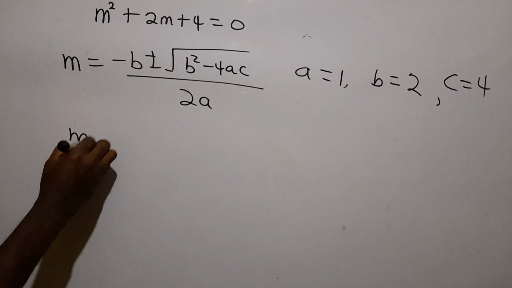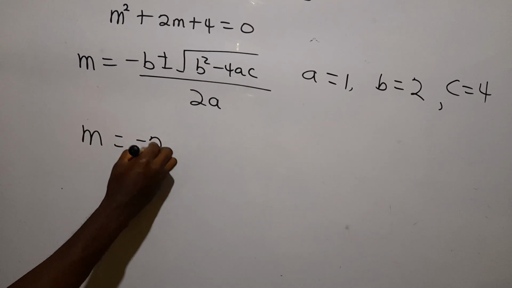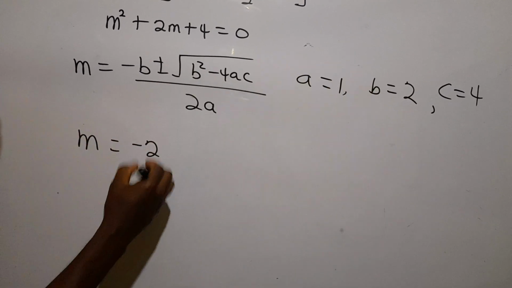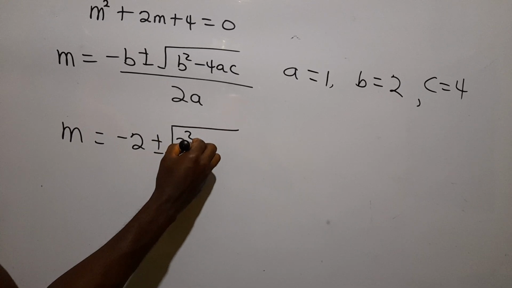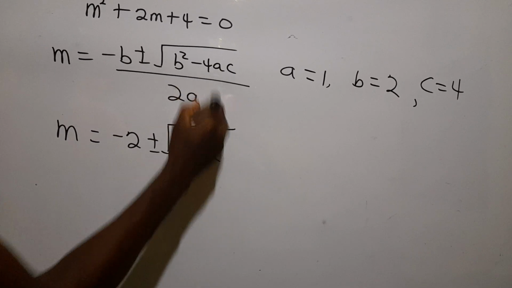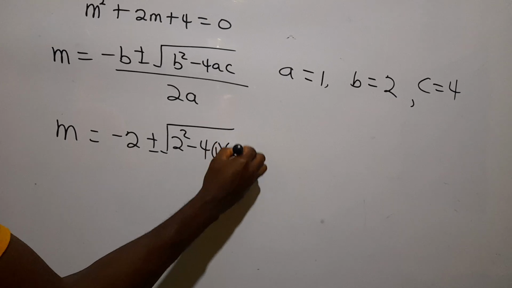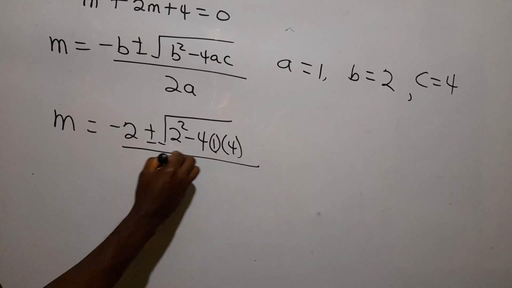Then m is equal to negative 2, since b is 2, plus or minus the square root of 2 squared minus 4 times a, which is 1, times c, which is 4, over 2 times 1.